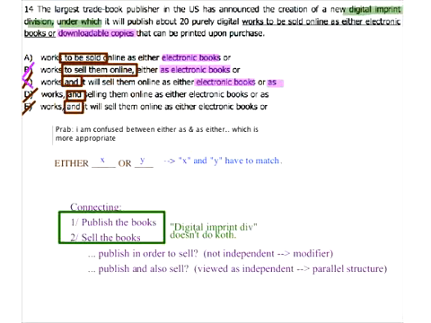It's not parallel. In D, either is just followed by electronic books, or is followed by as downloadable copies. That's also not parallel. And in E, either is followed by books, or is followed by downloadable copies, so we're fine. So only A and E are parallel in this case. And E we've eliminated already because it uses and where it's not supposed to.